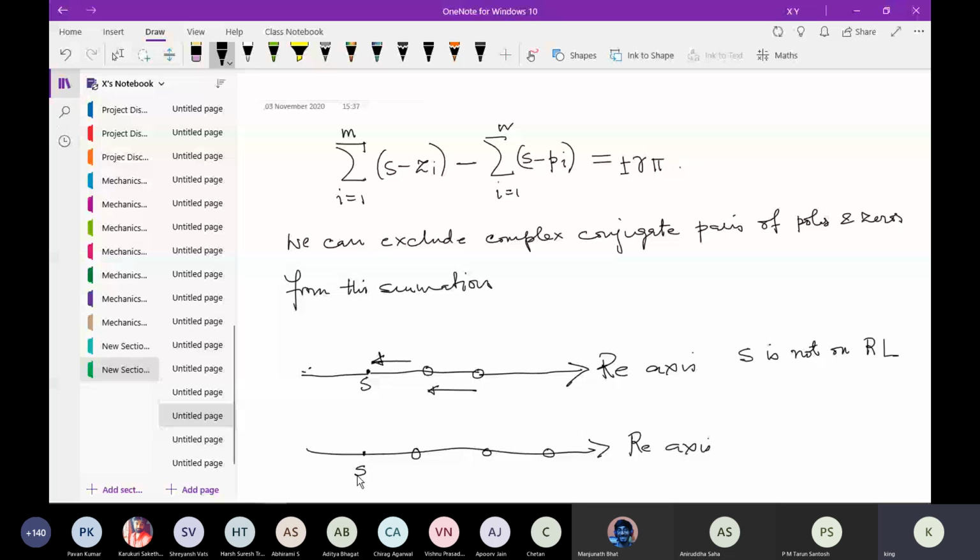In this case, these are the three, well, you may call them vectors from the zeros to S, and all are going to contribute pi. So I'll have 3 pi.